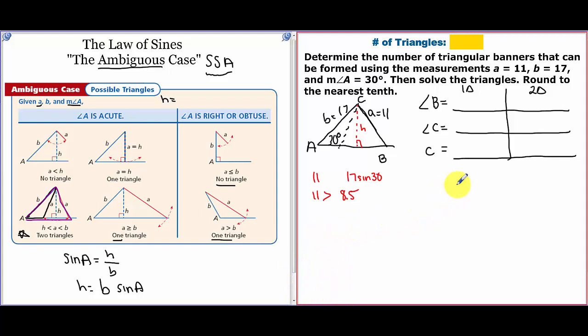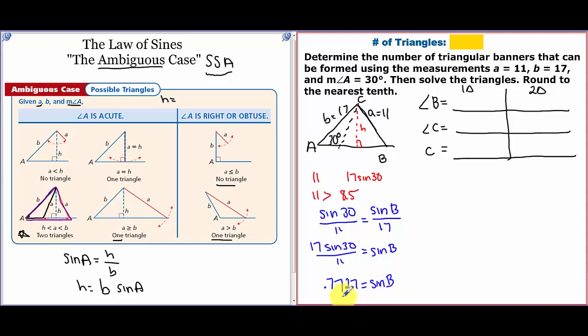Now set up your law of sines to solve for your first triangle. So I do the sine of 30 over 11 equals the first angle I find is B, because that's the side that I'm given, sine of B over 17. So I cross multiply and I get 17 sine of 30 over 11 equals the sine of B. Now I find this decimal in my calculator, and that is 0.7727.